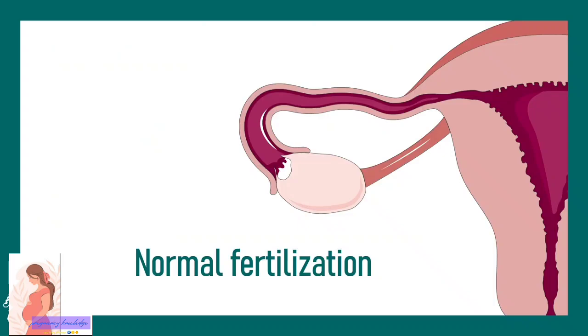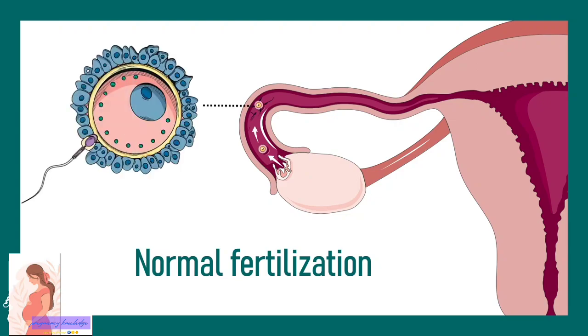Let us try to understand the normal procedure of fertilization. In every menstrual cycle, there is a release of an oocyte into the female reproductive tract. This is the normal process of ovulation. If sperm is also present at the same time, there could be a chance that fertilization happens in a normal scenario.